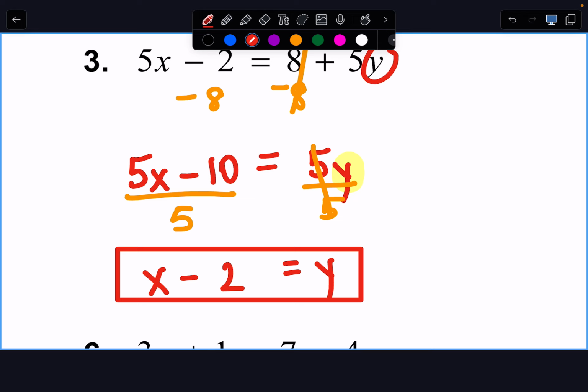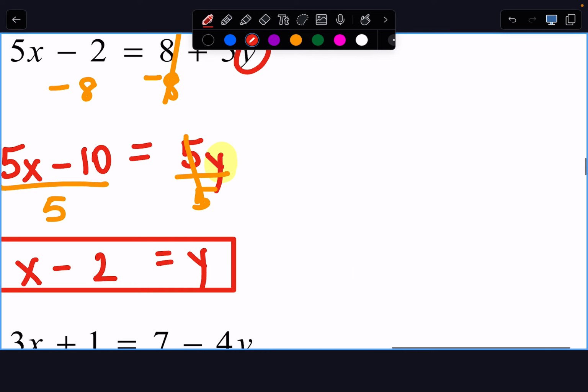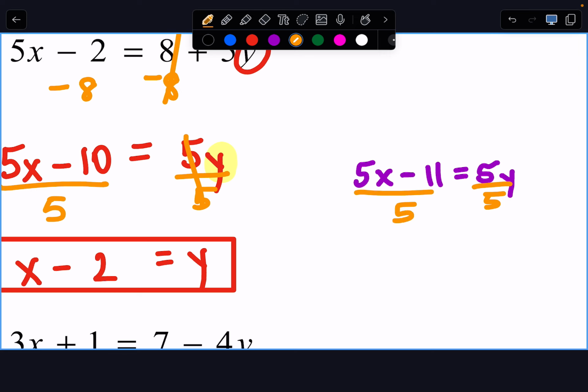What if it was like 5x minus 11? That is a very good question. So Vivi asked, what if it's 5x minus 11 equals 5y, and we divide both sides by 5? Then you have a couple different options, but I would say we can take 5x divided by 5 to get us 1x, but then you would have to leave 11 fifths as 11 fifths because it doesn't divide evenly.